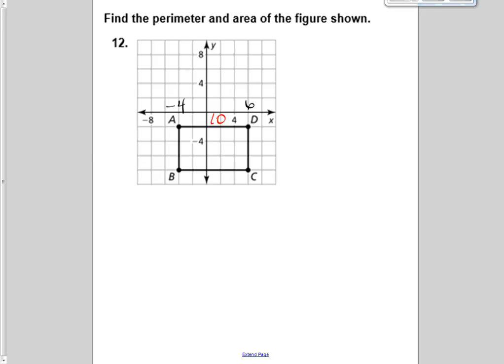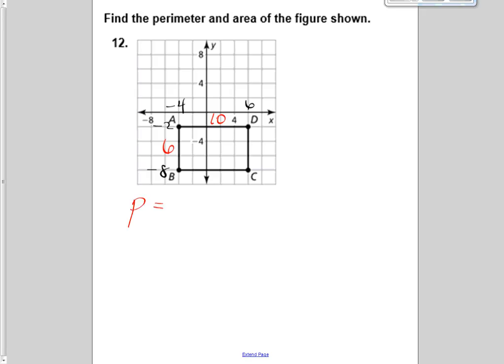And then going this direction, I've got, this is negative 2 here, negative 4, negative 6, and this is negative 8. So how far is it between negative 2 and negative 8? 6. And that's really all the information I need, right? So now if I wanted to find, it says perimeter and area.